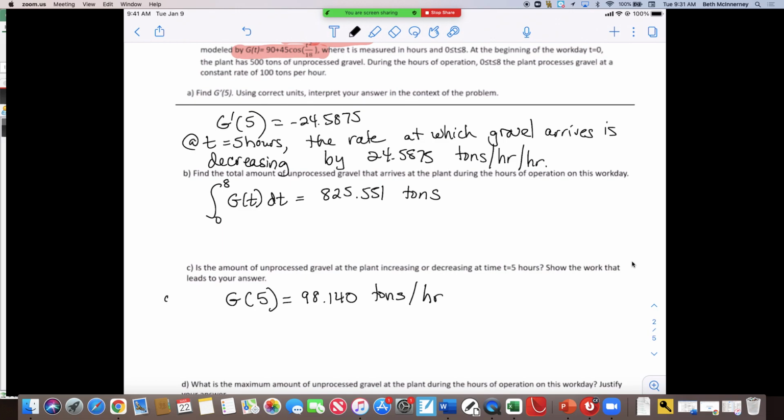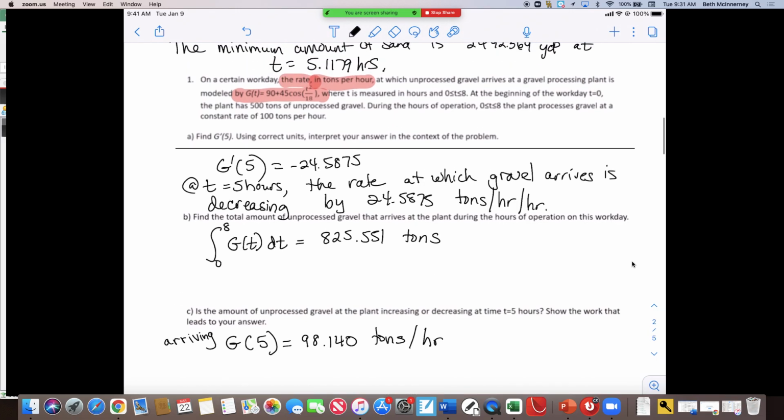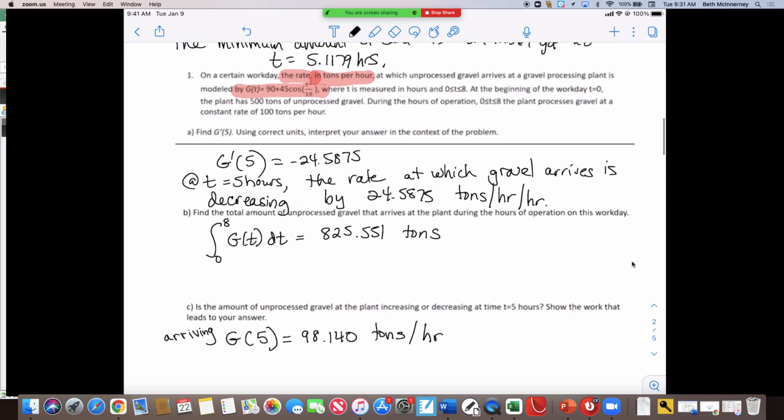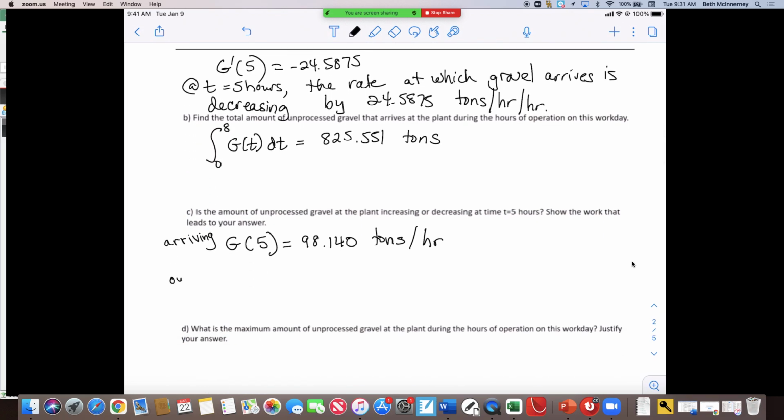This is what's arriving, right? And then what's the output? Isn't it 100 tons per hour? Oh, yeah.